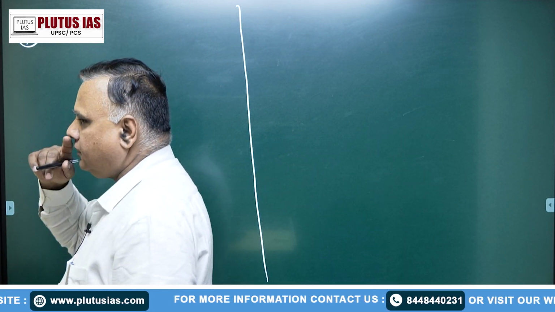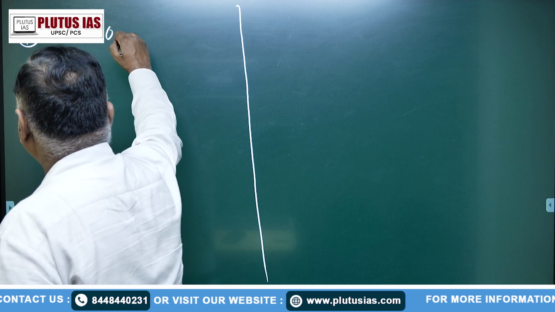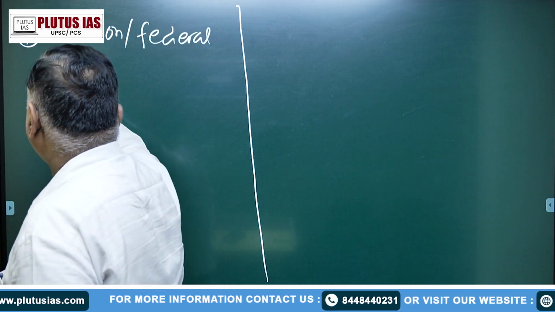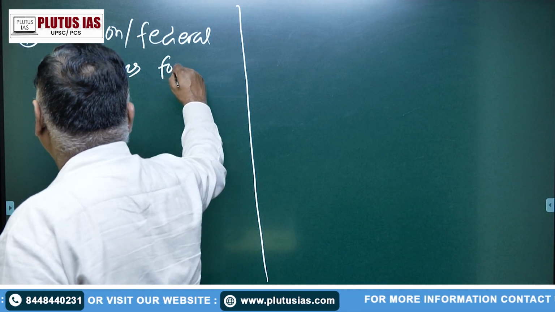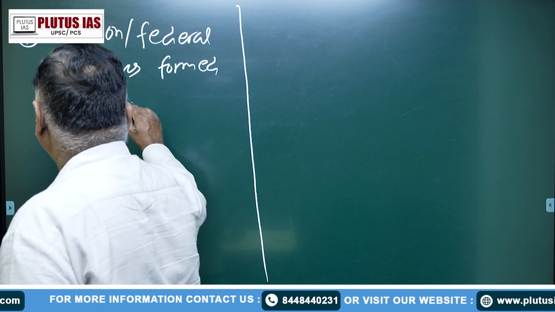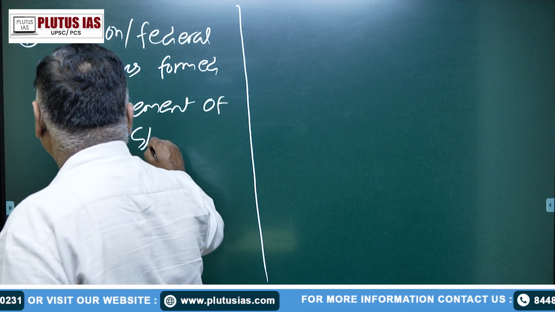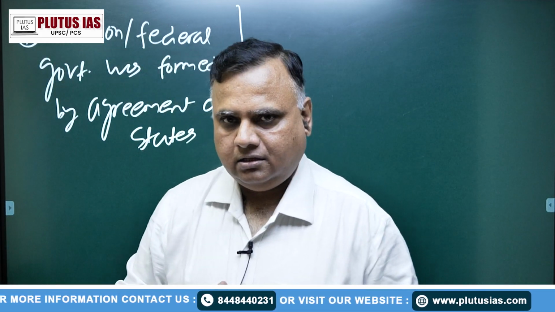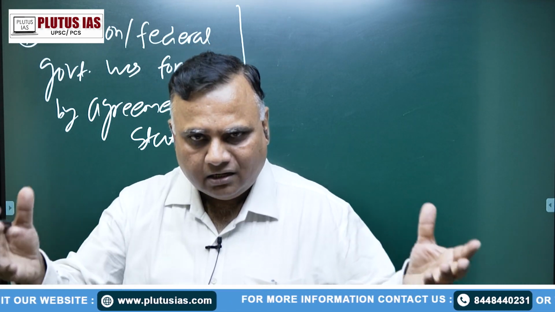So the union or federal government was formed by agreement of the states. American federal polity is said to be a coming together. Who is coming together? States are coming together.